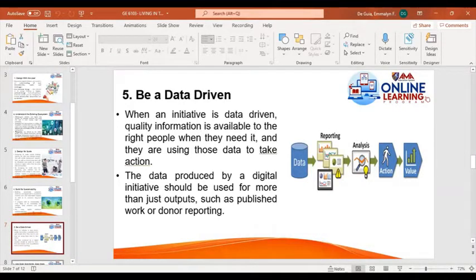We have here a picture of how data should be collected. First, you have to gather the data and, of course, make a report out of it. Then have a careful analysis. You should involve a good analysis and action, then value it. Take note that when we collect the data, it should be in adherence with the norms and standards.